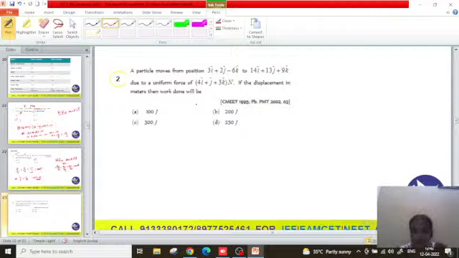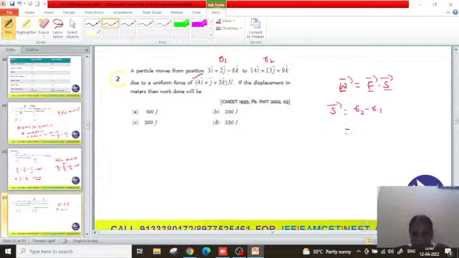Work done is the dot product of two vectors and it is a scalar quantity. Here the force vector is given and displacement we need to find from the change in position, because displacement is equal to change in position, like R2 minus R1. So you can take R1 as the initial position, R2 the final position.